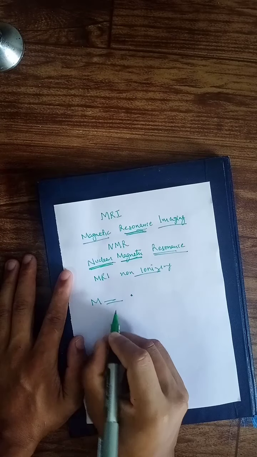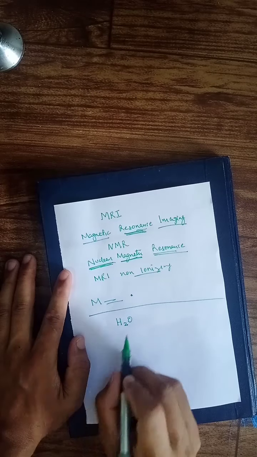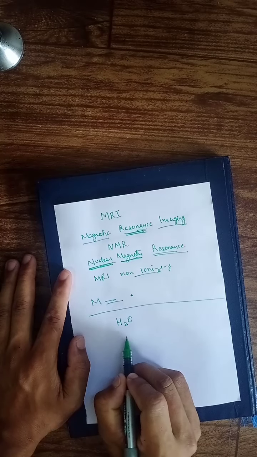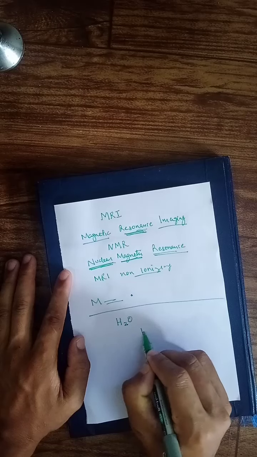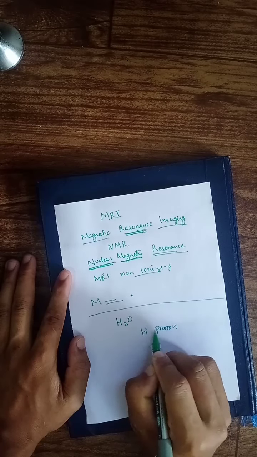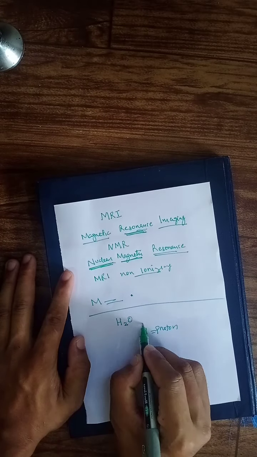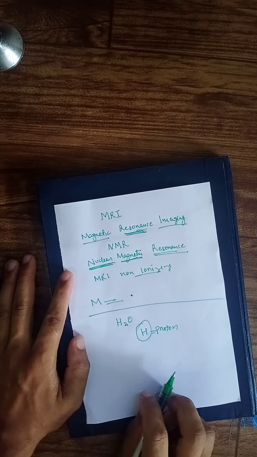So now I'll be discussing water molecules. As we all know, the formula of water is H2O, right? So here we have hydrogen, proton. And why I took this element separately, there is a reason behind that.